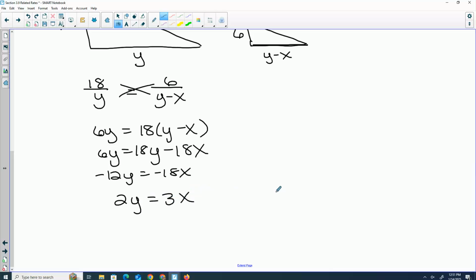I didn't necessarily have to simplify this much, but that's a little bit easier because now that's a pretty simple derivative, isn't it?